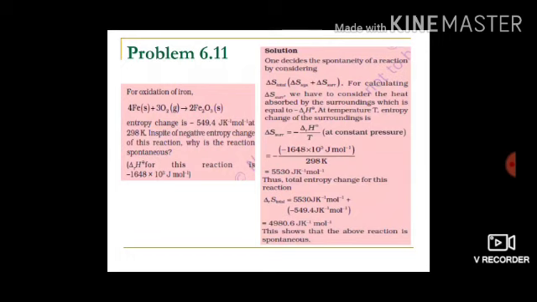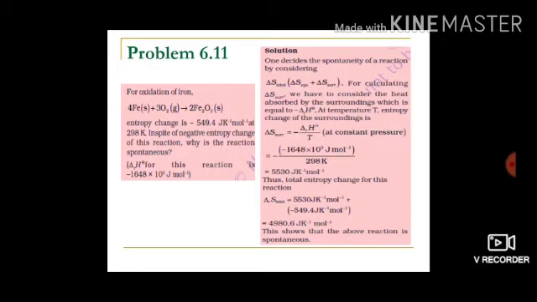So here the change of entropy of the system is given, which is -549.4 joules per Kelvin per mole, but the change in entropy for the surrounding is not given. So we have to calculate this change in the entropy of the surrounding.